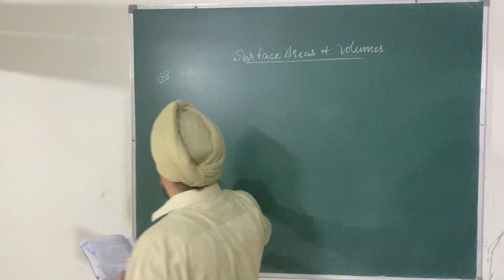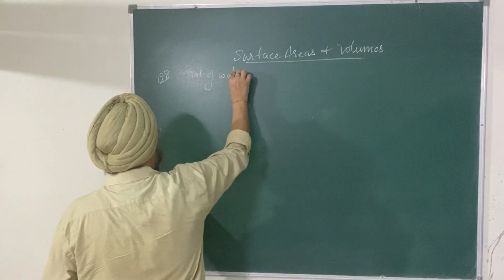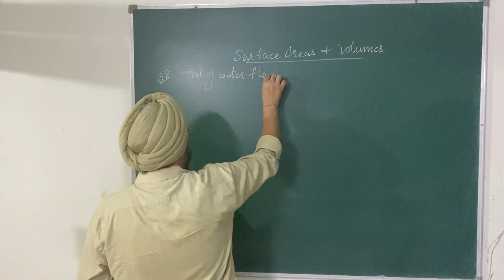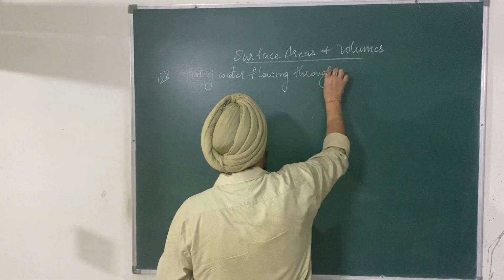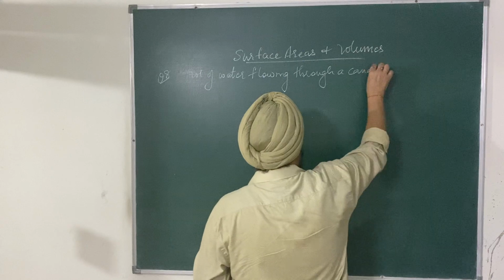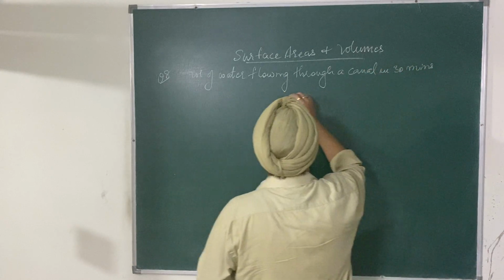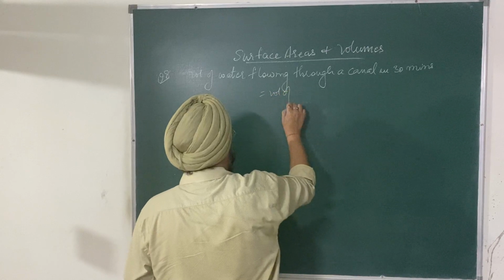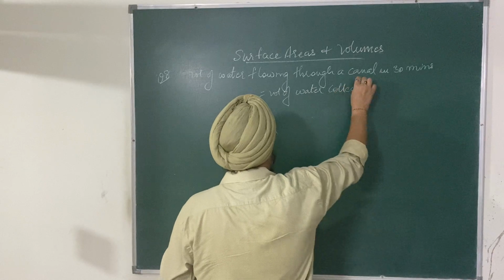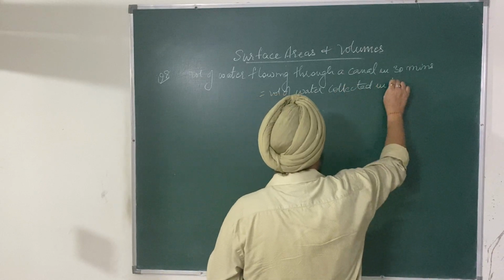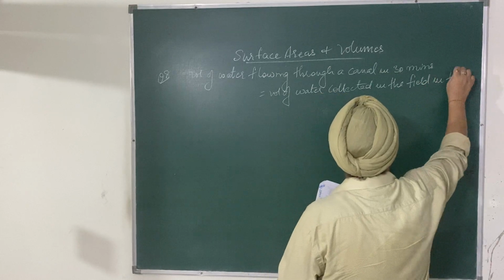So it means the volume of water flowing through a canal in 30 minutes must be equal to the volume of water collected in the field in the same time.